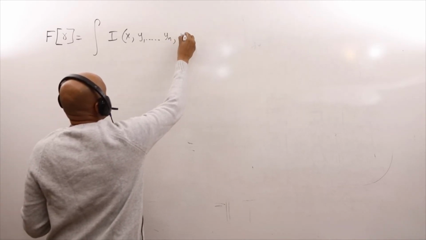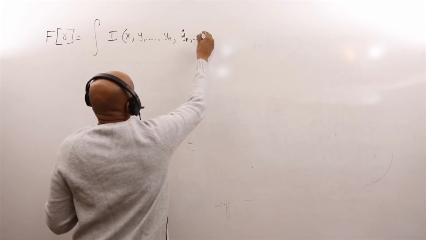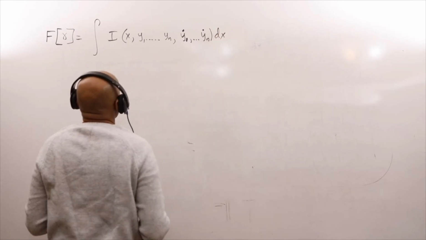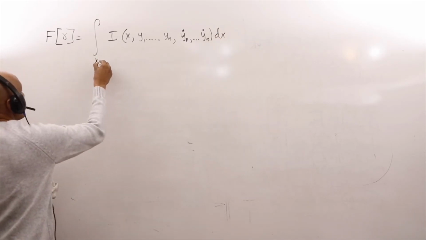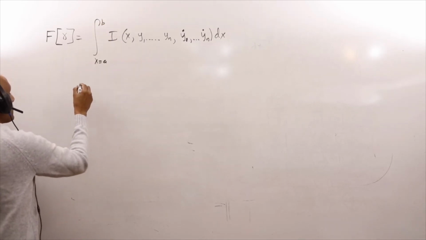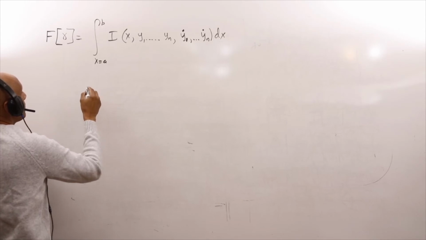And we're going to assume that we have the derivative. We're assuming that there's a parametric representation. So I'm going to say that we have a parametric representation of a path of a curve.